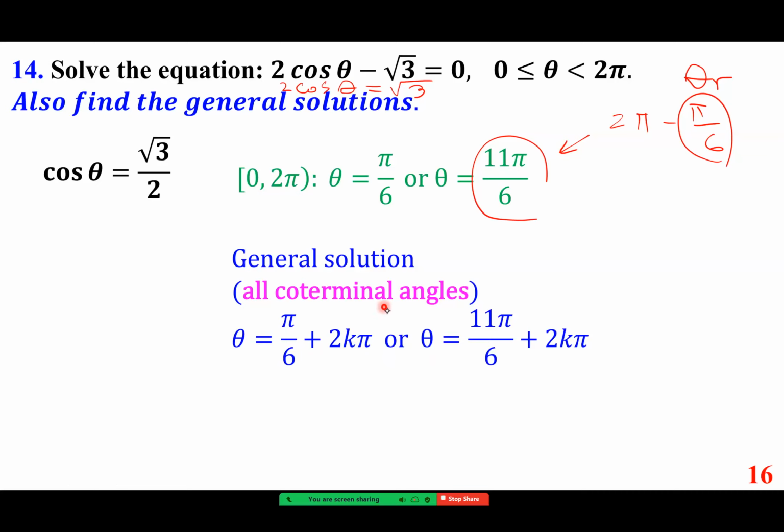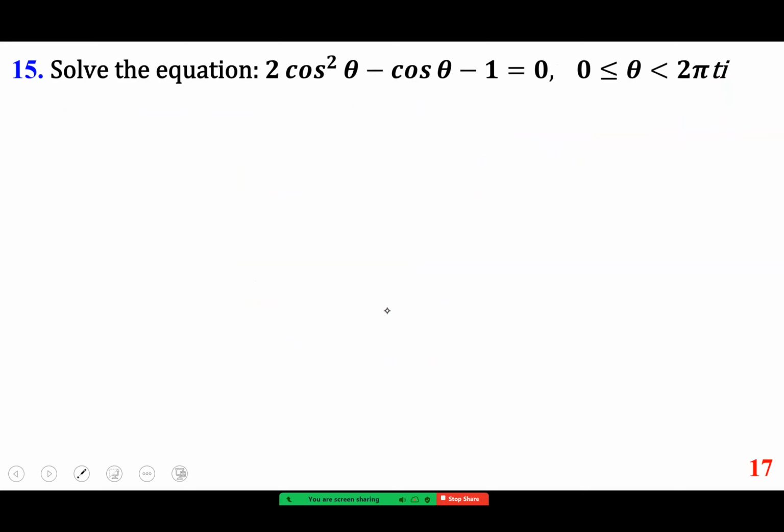2 cosine squared theta minus cosine theta minus 1. We want to solve this equation between 0 and 2 pi. Again, you can easily factor this because 2 is a prime number.